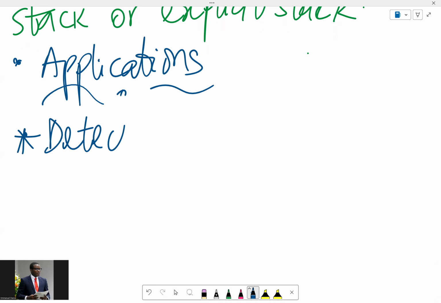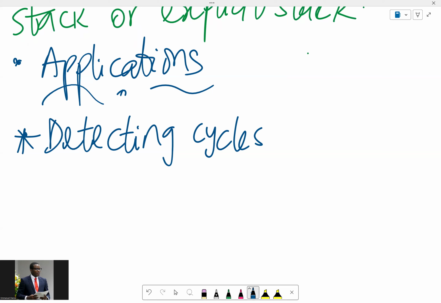We know a cycle is a closed loop in a graph. It's more like somewhere you can get trapped in, and you just keep moving around the cycle. So detecting cycles in graphs, the depth first search approach helps you for that.